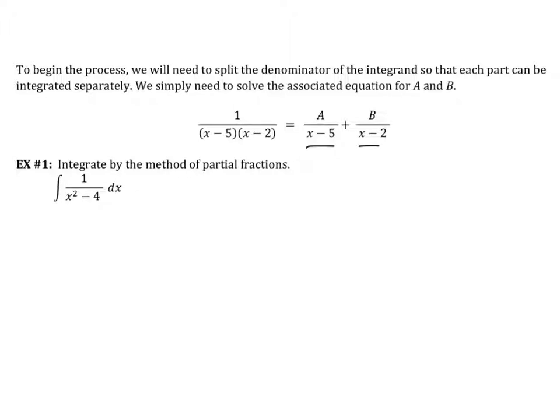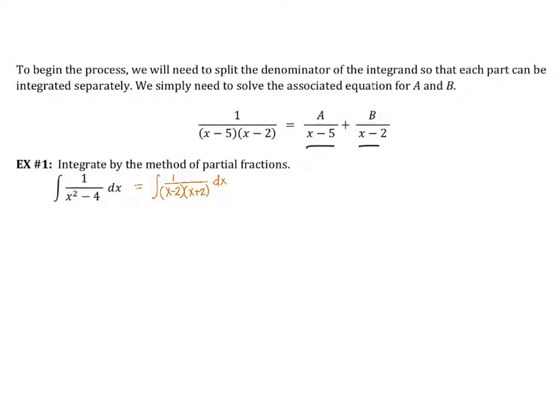And so looking at this, the first thing we are going to do is factor the denominator and see what we end up with. So we're going to have the integral of 1 over x squared minus 4, which factors into x minus 2 times x plus 2, dx.